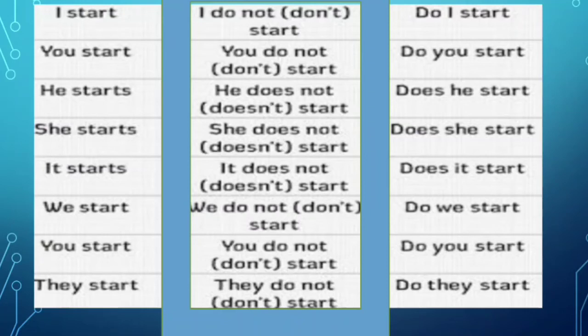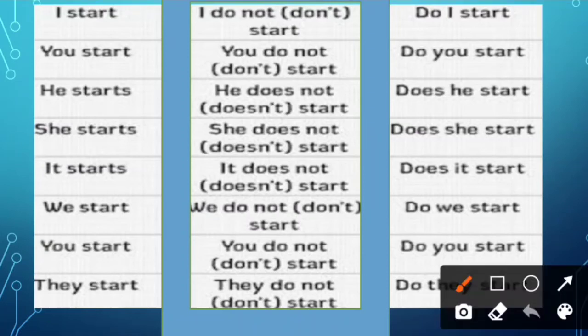This will be the last, and you can see here the affirmative sentence or assertive sentence, thereafter negative, and thereafter the interrogative sentence. All are given. For example, I start, we start, you start.